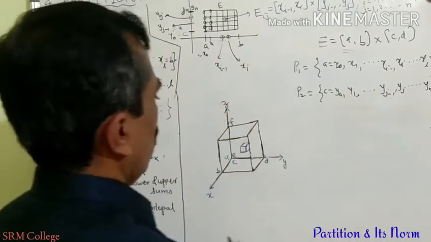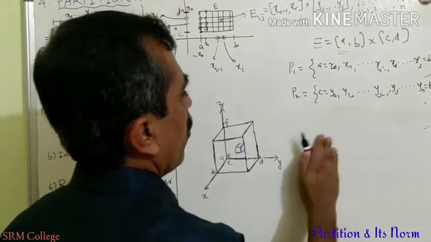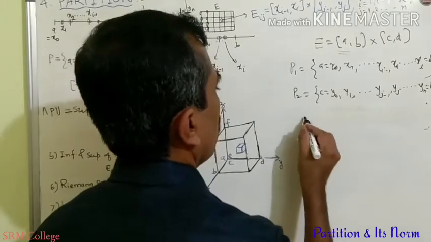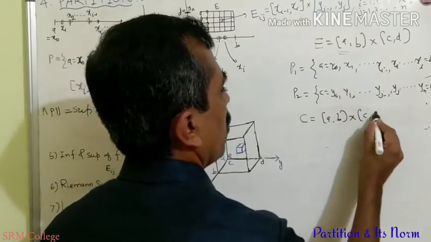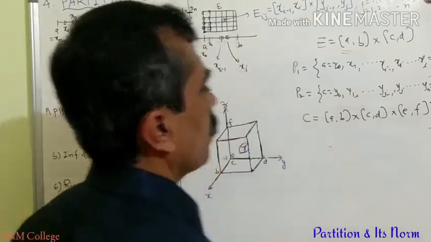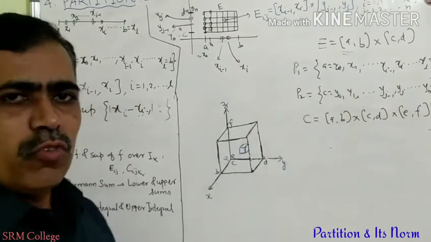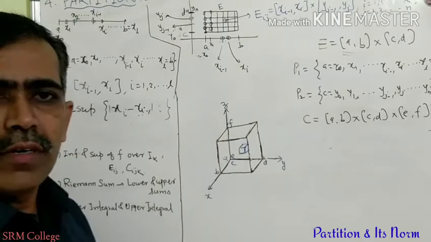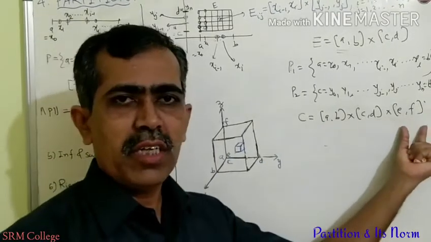AB cross CD cross EF is a cuboid, the cross product of these three closed intervals. The same logic is used to partition this cuboid: partition AB, partition CD, and partition EF.